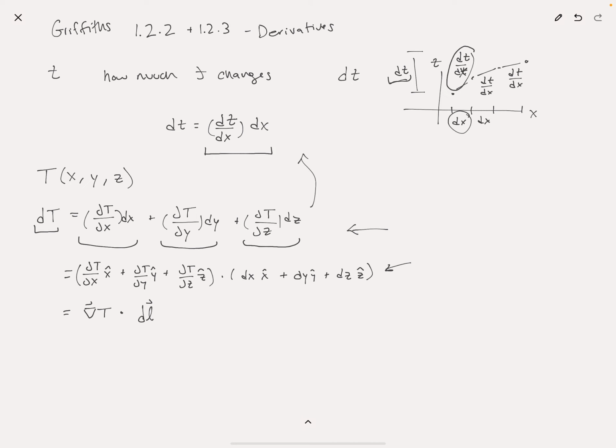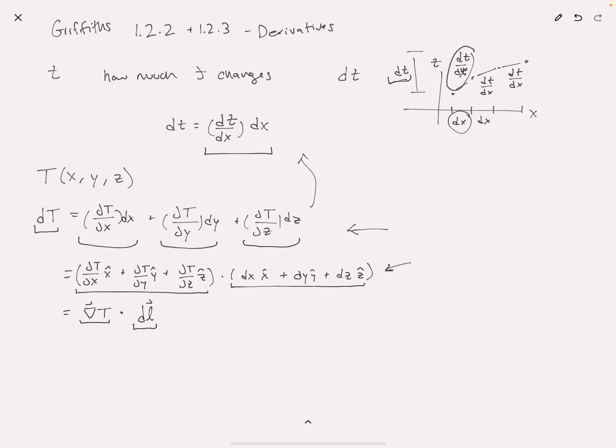So I have some small change in some arbitrary set of directions. That is my infinitesimal displacement vector. And this set of derivatives is the gradient of my function.